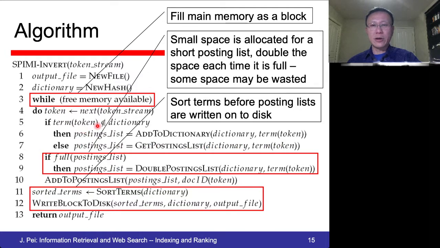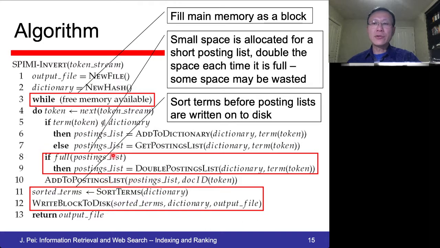If the term is already in the dictionary, you just get the dictionary token. If the dictionary is full, meaning there's no space to hold these postings, then you can double the size of the postings and add the corresponding term ID and document ID pair into that.